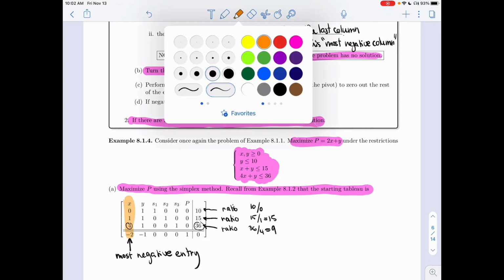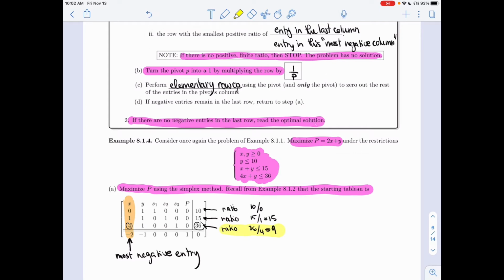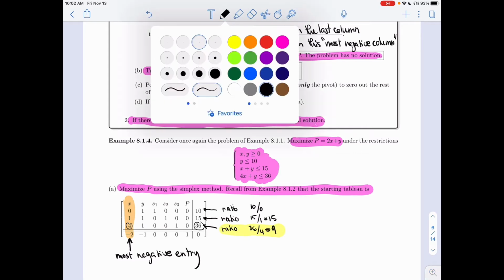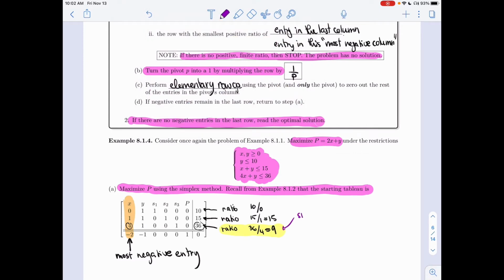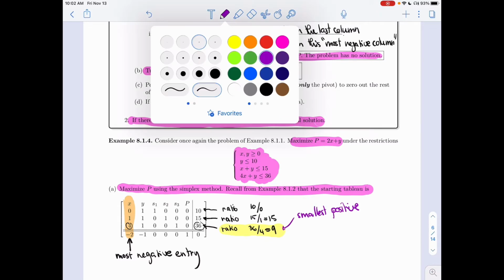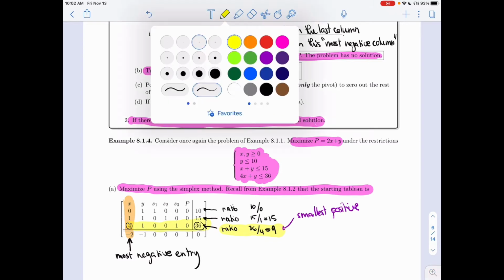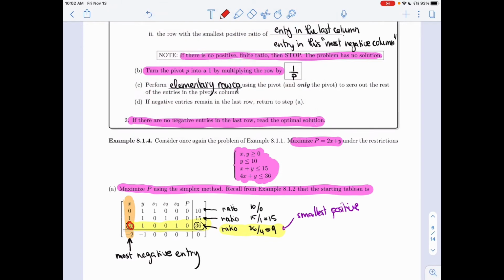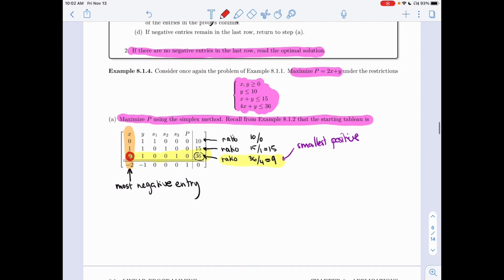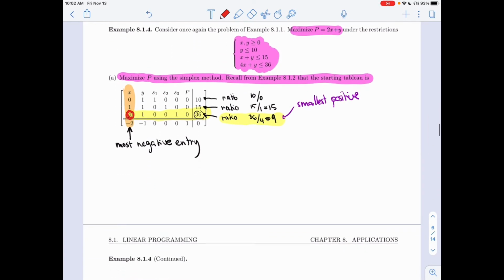So this one is the smallest positive. And so that's the column we want. The intersection, the 4 is our pivot. All right, so we want to pivot on that one.